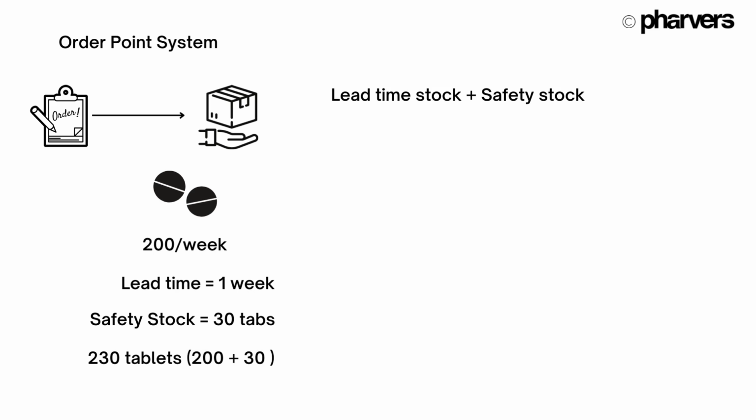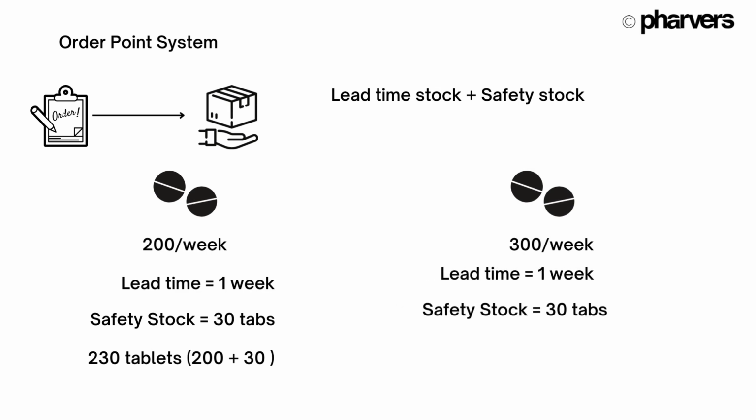As noted, order point is not rigid and will vary as demand for your medicines vary. If based on above example, the demand for paracetamol changes to 300 tablets a week and your lead time and safety stock remain 1 week and 30 respectively, then your new order point shall be 330 tablets.